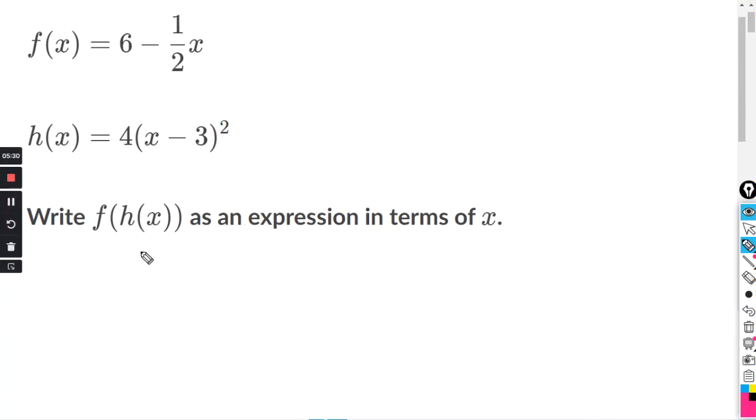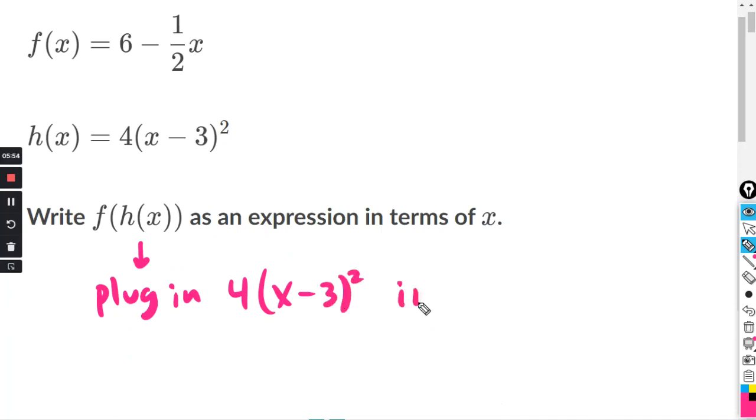So once again, we plug in h of x, which is 4 times x minus 3 squared, in place of x for the f function.